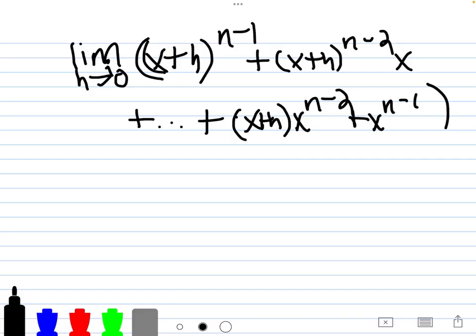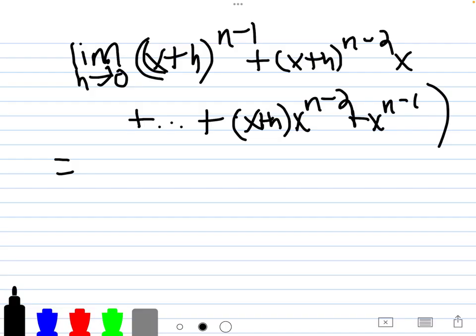Now that h is no longer in the denominator, we can safely plug in h equals 0 without getting an undefined answer. So from here, we can drop the limit statement, and we can just plug in h equals 0. And x plus h is just equal to x plus 0 now.